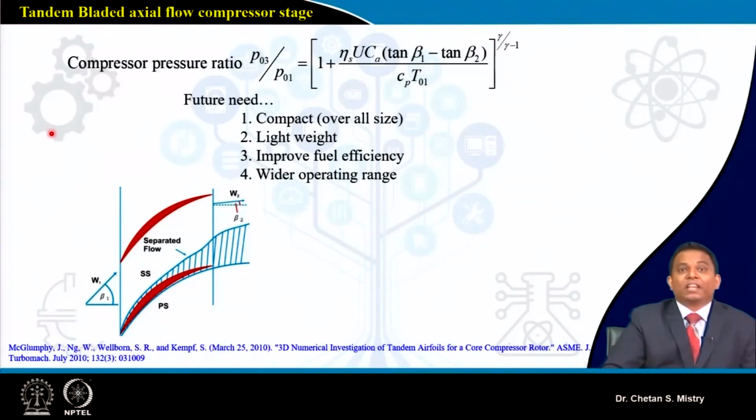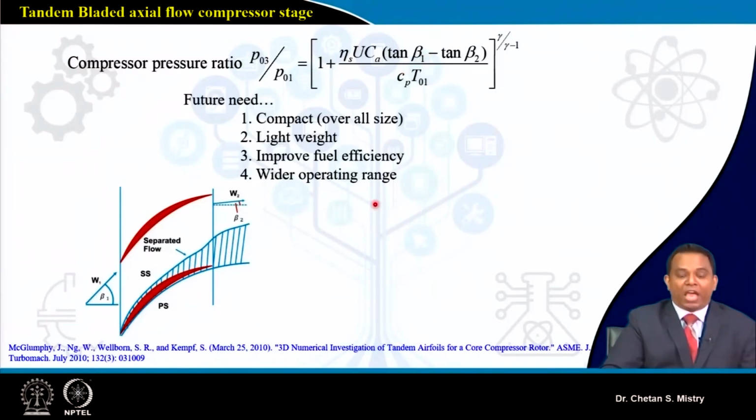Now we were discussing different approaches for enhancing the pressure ratio or per stage pressure rise. We can improve the per stage pressure rise in different ways. We have discussed that we can increase our peripheral speed, we can increase our axial velocity, and we can increase my delta beta. What is the reason?